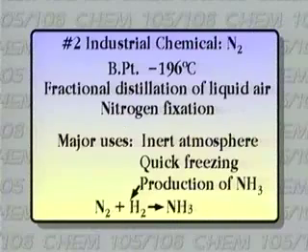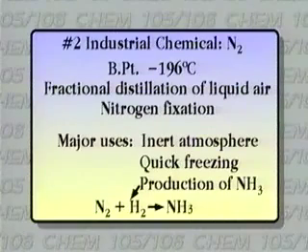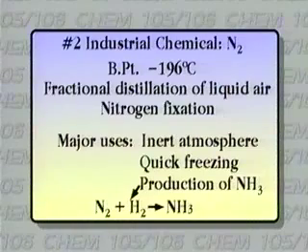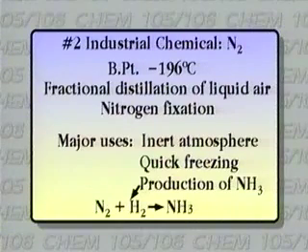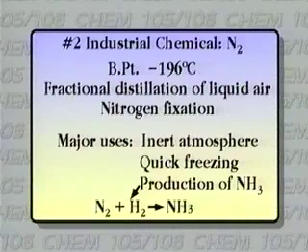That's pretty cold. To produce nitrogen, because most of it has to be purified from air, that's our major source, is done by what we call the fractional distillation of liquid air. We take air, cool it, compress it, and liquefy it. At that point, we have a mixture of liquid oxygen and liquid nitrogen.